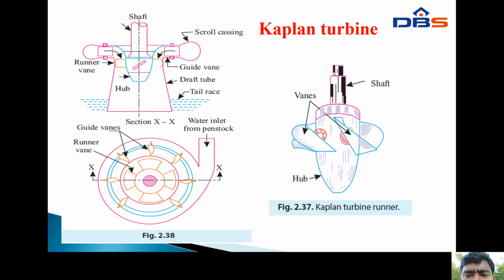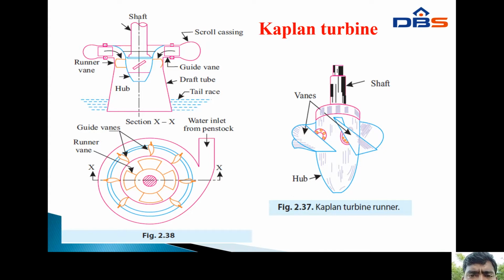The hub is a separate part, and we can draw a separate figure to understand the hub, shaft, and vanes. The vanes are horizontal, and the shaft is a vertical connection. This is the total Kaplan turbine figure.